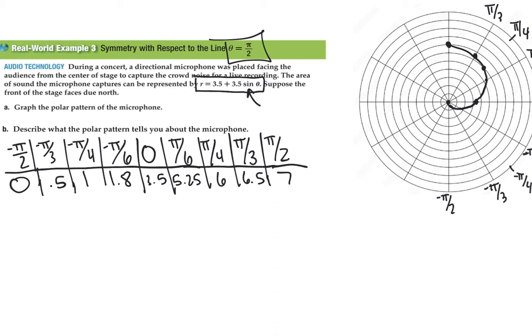And since this is symmetrical with respect to that pi over 2, everything on the other side is going to be matching that. So we can go ahead and mirror everything and mirror that shape. I'm going to grab a couple main points that will give me the piece that I need.